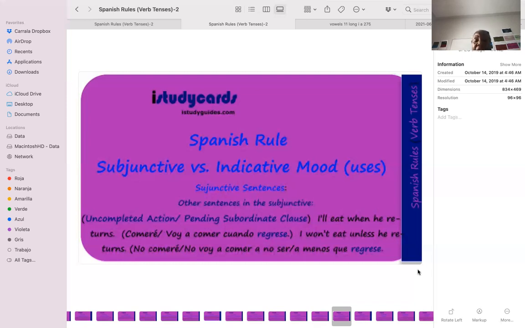Now, the word cuando is when. We use cuando in English as well as in Spanish in two very general ways. Okay, three maybe. And I just said when. When you are talking about something that you normally do: when it rains, I always carry my umbrella.